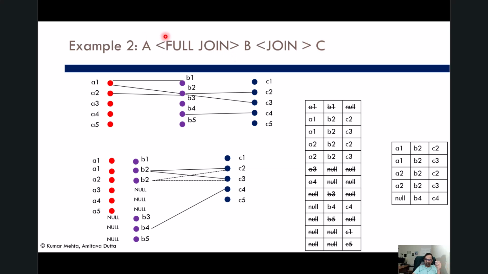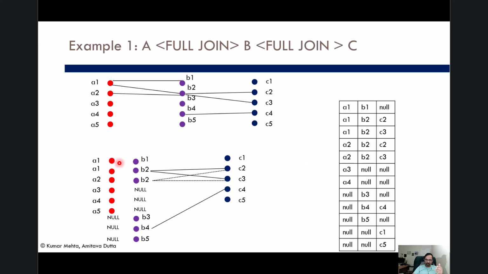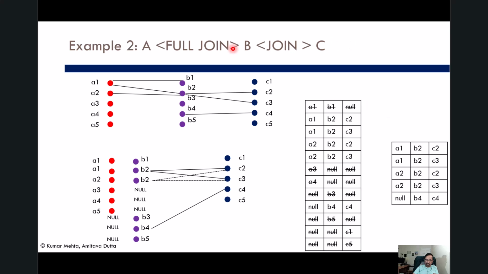The result for the first step, A full join B, is the same as before. That's this fellow. This first intermediate result is the same as before because you can check over here. The intermediate result was A full join B. So now we are again doing A full join B as the first step. So the intermediate result is the same.